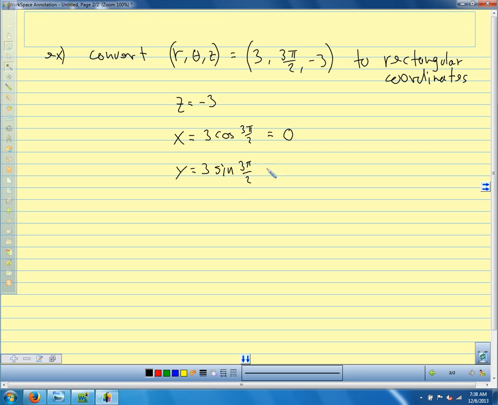I heard some of you, I think you were thinking of sine when we talked about cosine. This is going to give me negative 1 times 3, so we get negative 3. So our point in rectangular is 0, negative 3, negative 3.